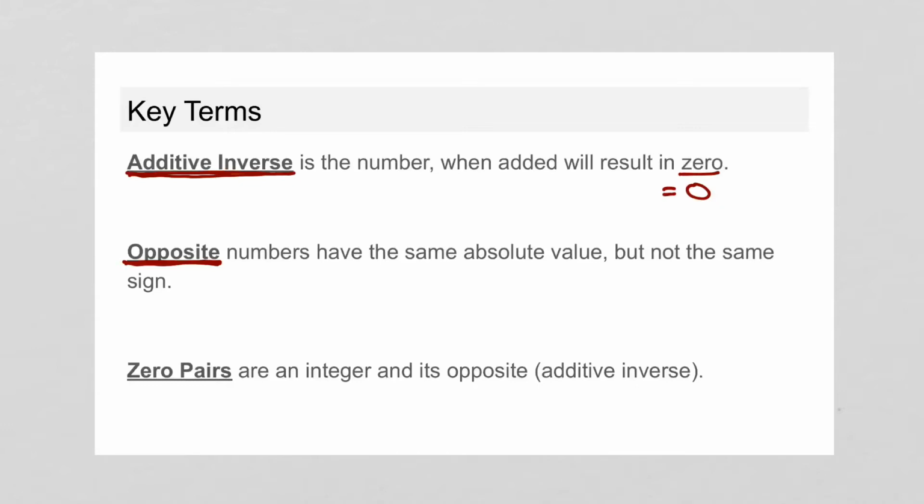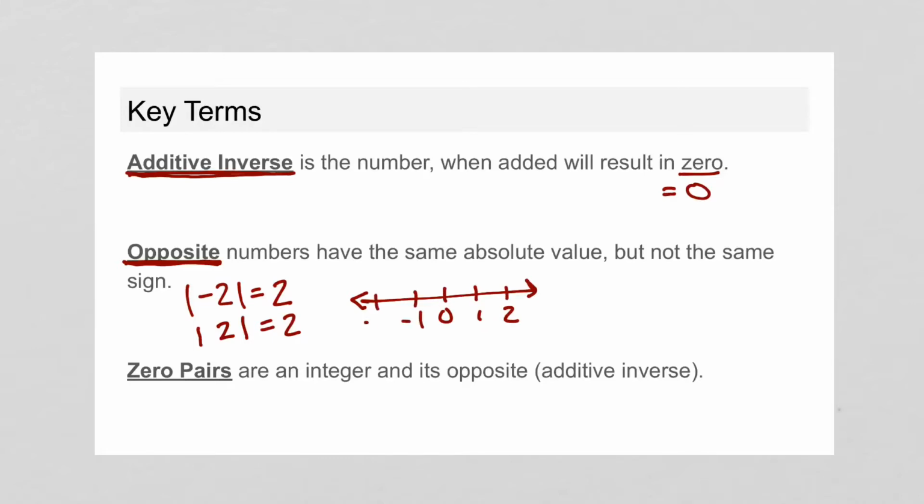So remember when we were talking about absolute value? Like negative 2, the absolute value of negative 2, it's the distance from 0 on a number line. So it's always positive, so it's 2. Well, the absolute value of 2 is also 2 because on a number line, just to review, 0, 1, 2, negative 1, negative 2.